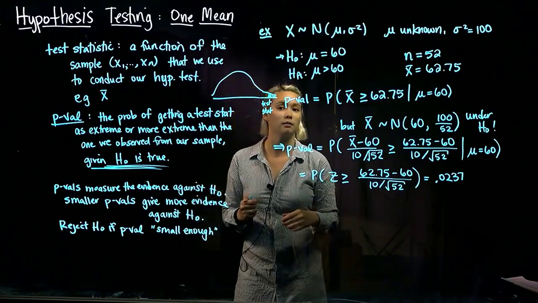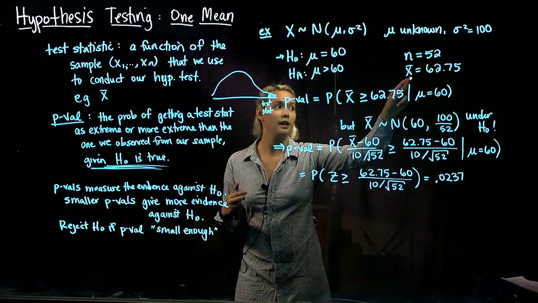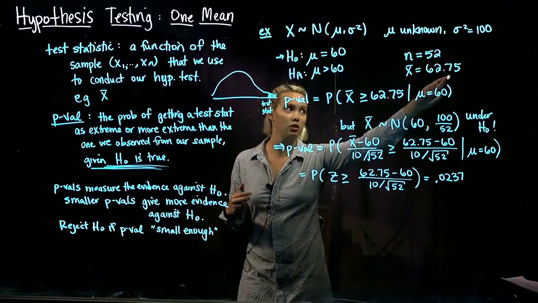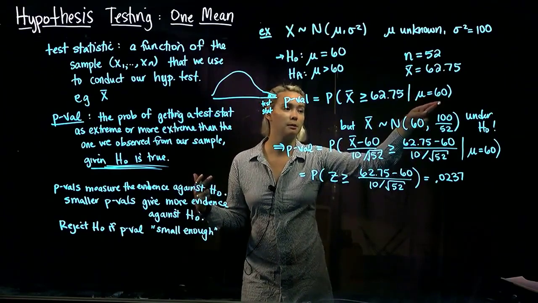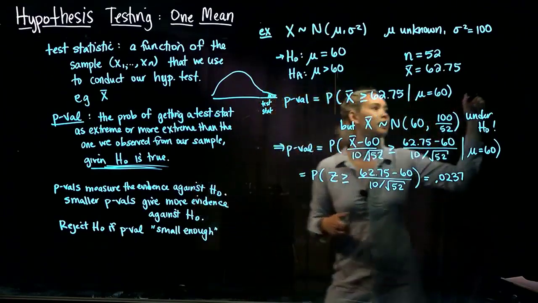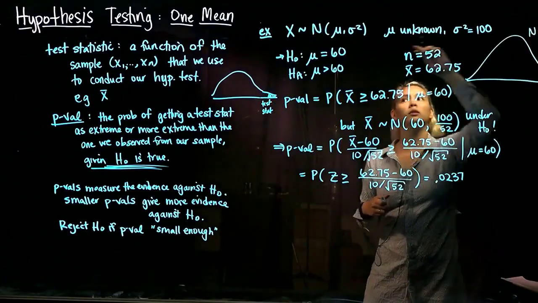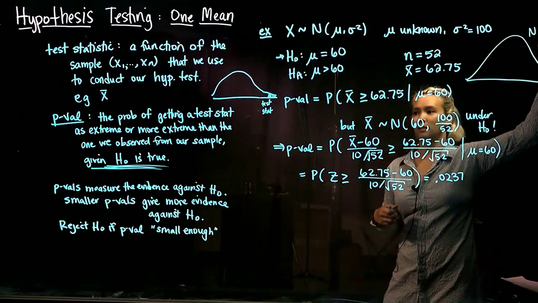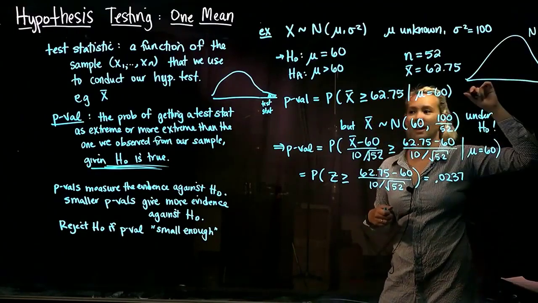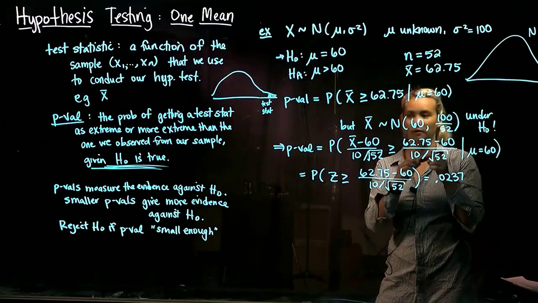And then we're saying, what is the probability of getting a test statistic x bar as extreme or more extreme than 62.75, given that mu is actually equal to 60? All right, so we have our normal distribution with mean 60 under the null, and then variance sigma squared equals 100.